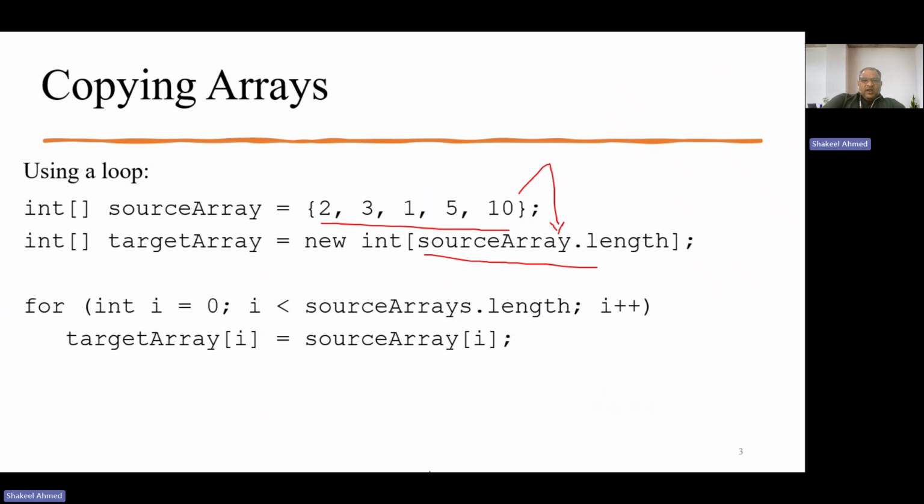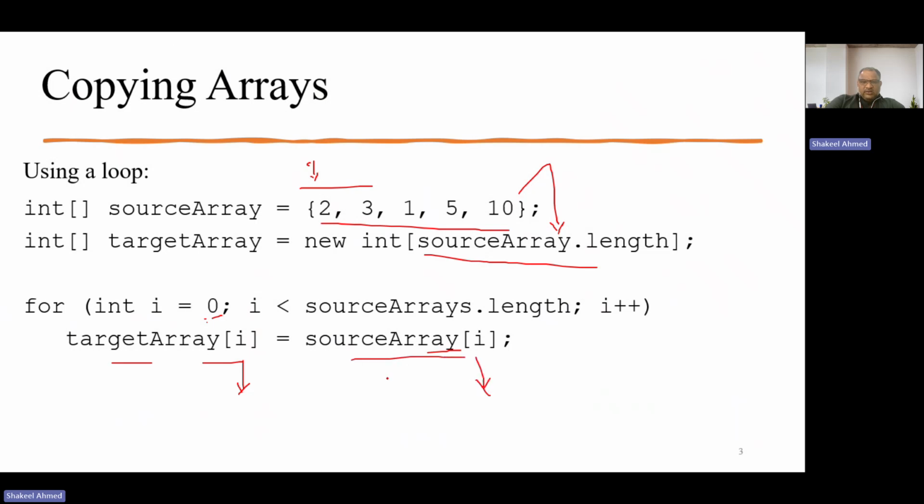Now we want to copy from index 0, because you know that the index starts from 0. From the 0th index, we continue up to the length that we have, so i less than source dot length, and keep incrementing. The target at index i, that is index 0, is equal to the element at source index 0.